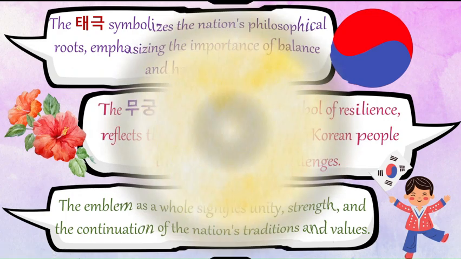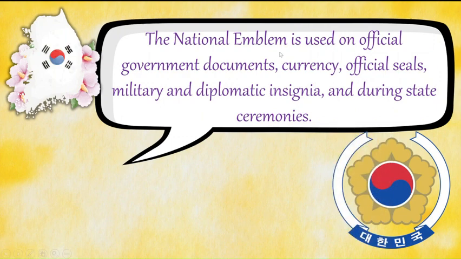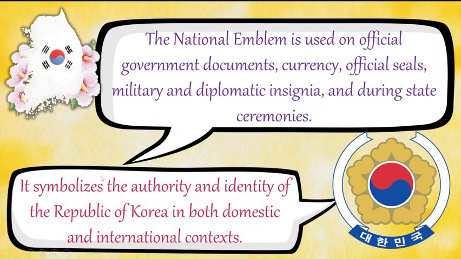Now let's talk about the uses of this emblem. The national emblem is used on official government documents, currency, official seals, military and diplomatic insignia, and during state ceremonies. So there are multiple places or occasions where this emblem is used to denote the South Korean country, and it symbolizes the authority and identity of the Republic of Korea in both domestic and international contexts.